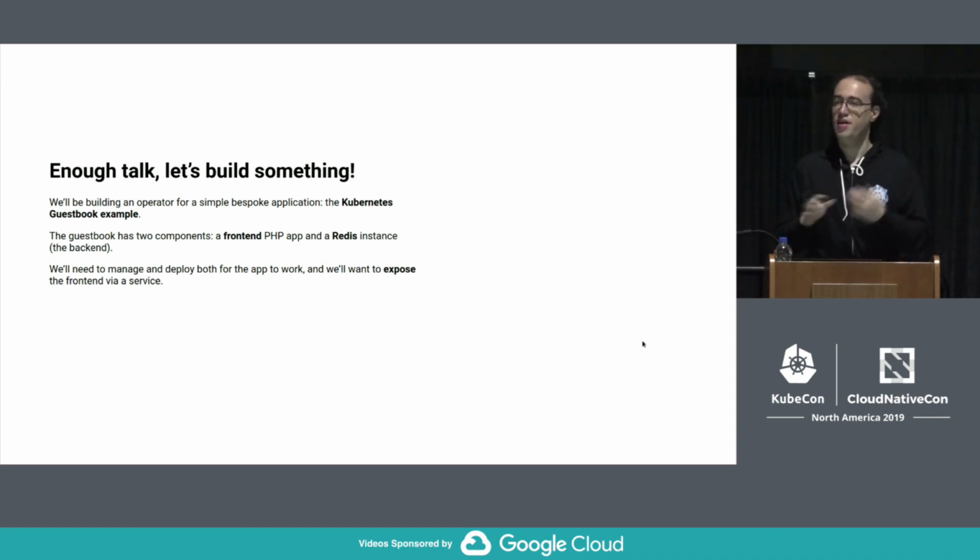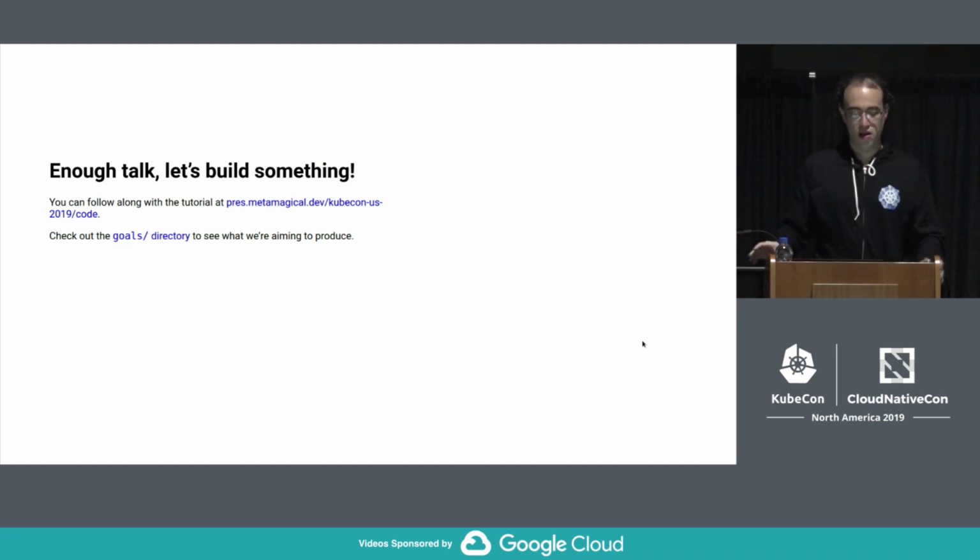Pretty simple, but it has a few moving parts, and so it'll be good to explore some stuff on how to write an operator. We're going to manage and deploy both, and then we're going to expose the whole application in terms of a service.